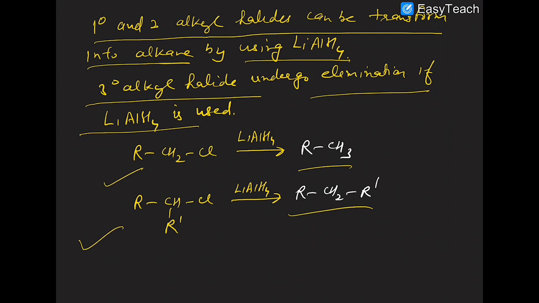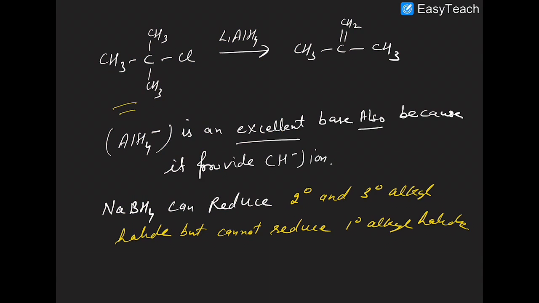But if you take a tertiary alkyl halide, then because aluminum hydride provides the hydride anion, which is a very small base and one of the strongest bases, it will bring about alpha-beta elimination and you get the formation of an alkene.